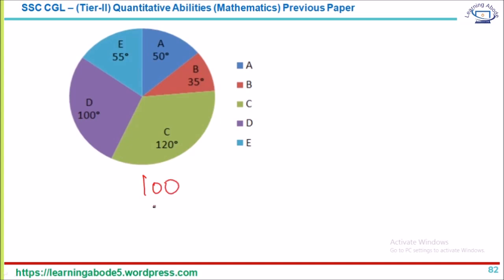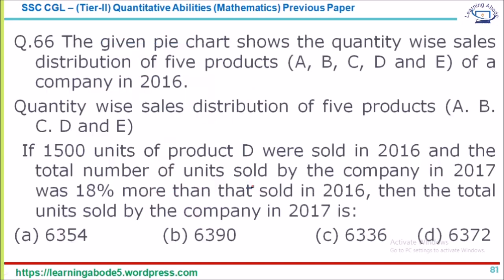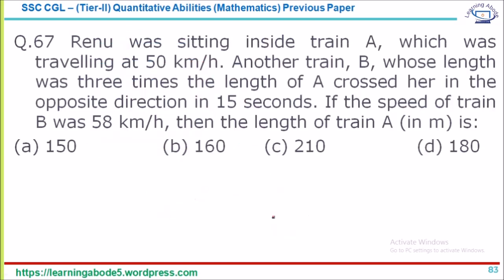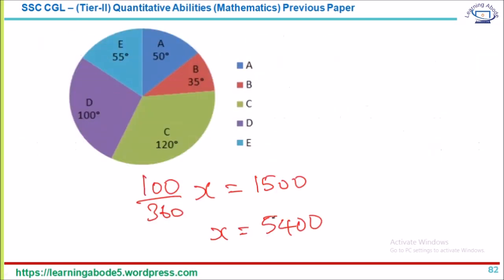So 100 out of 360, x is equal to how much given? 1500. So x is equal to 5400. I'm sorry, 5400 was what was sold in total in 2016.